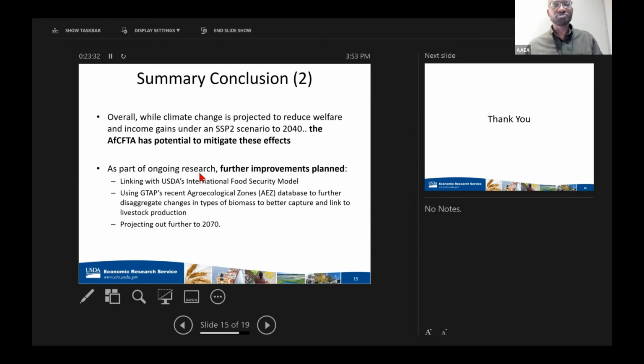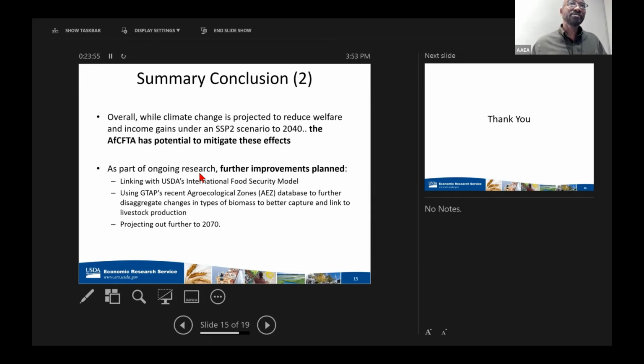I did some work also for the African Development Bank on this issue. The key motivation for the African Continental Free Trade Agreement is to help increase intra-African trade.